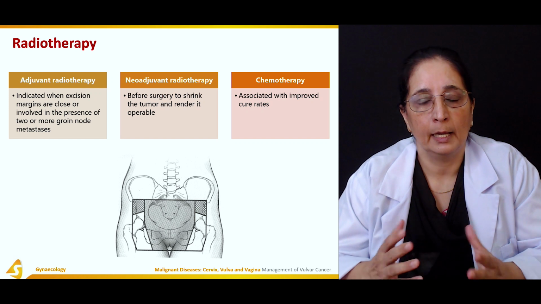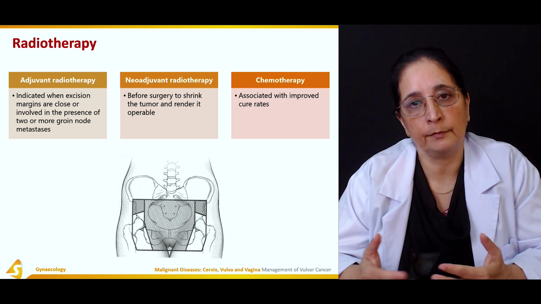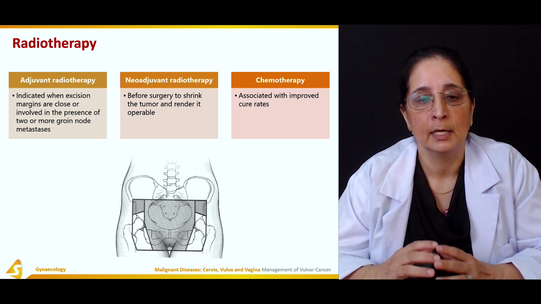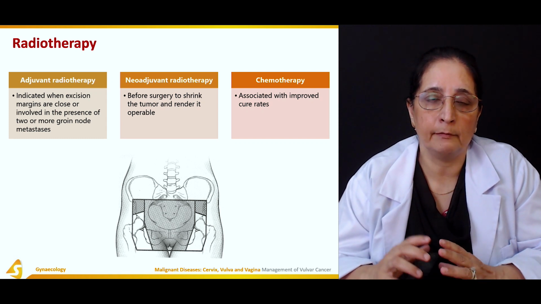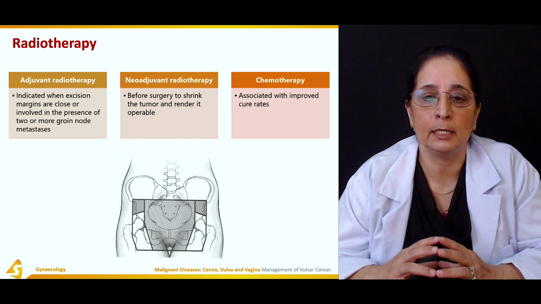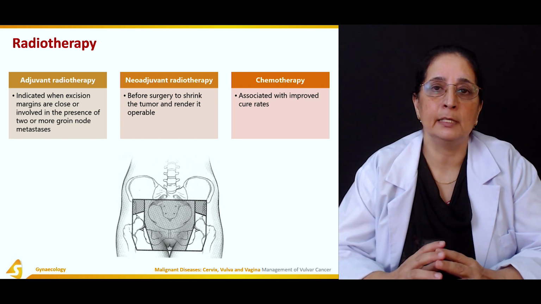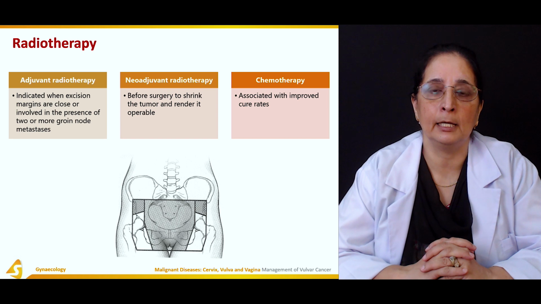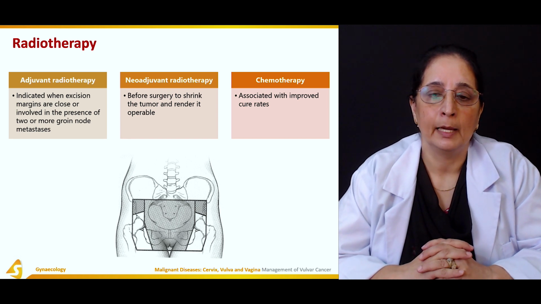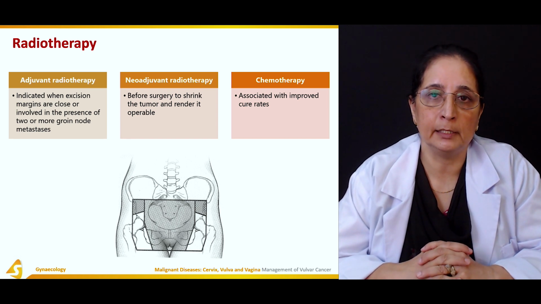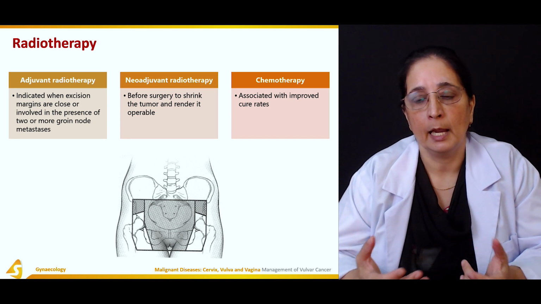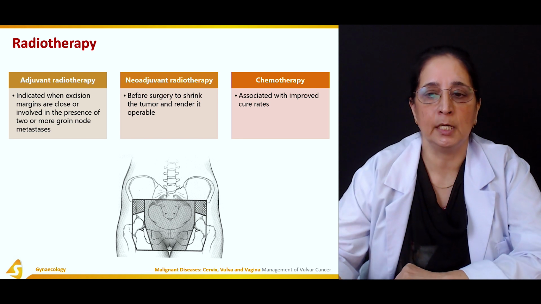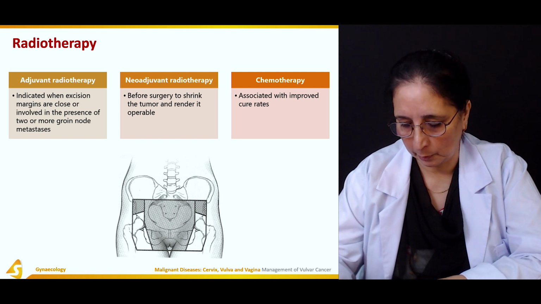And then radiotherapy after the surgery is performed, especially when excision margins are close and when lymph nodes are present in the groin. And neoadjuvant therapy is performed before the surgery, in which they shrink the size of the tumor so it is easily removed. And chemotherapy is associated with improved cure rate.